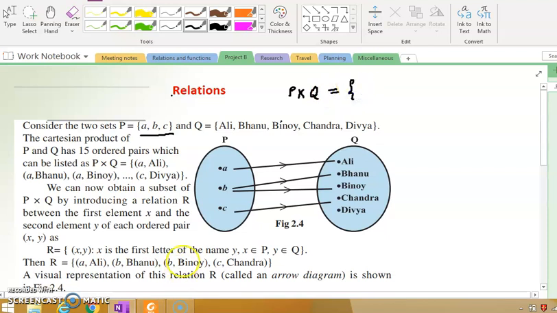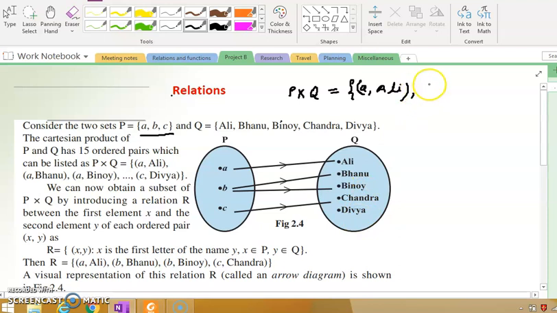So how to write? Take A along with Ali: A comma Ali. Now A is to be taken with Bhanu, then A with Binoy, Chandra and Divya.